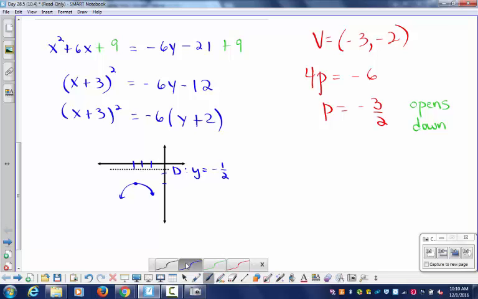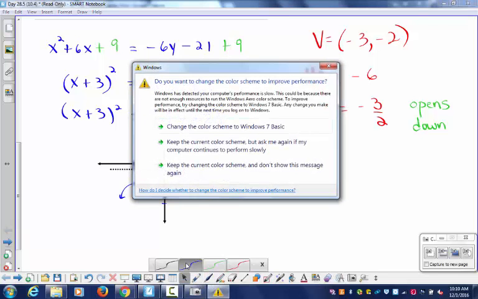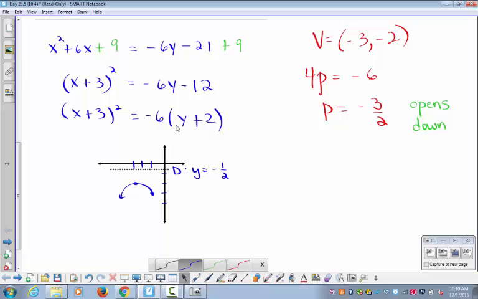The focus, we know, is tucked inside here, and it's going to be 1.5 units from the vertex. So that focus is right about there. And the coordinates for the focus, what will the coordinates be?